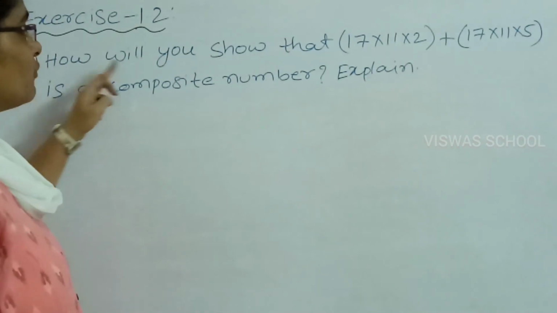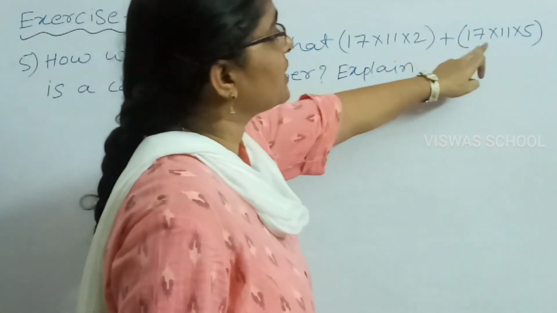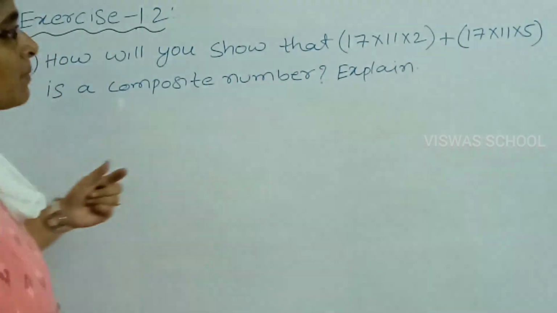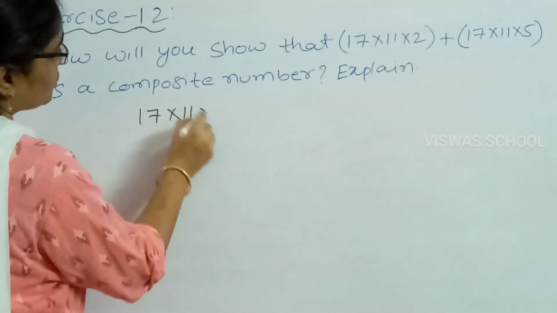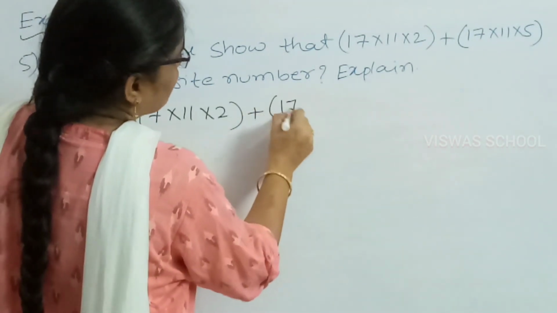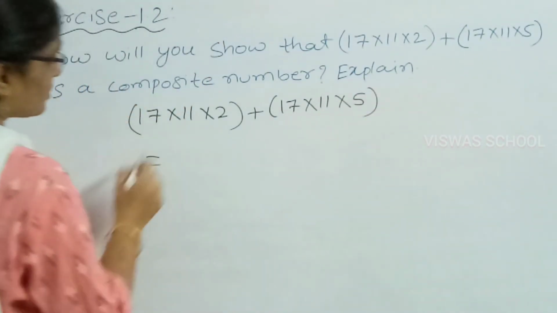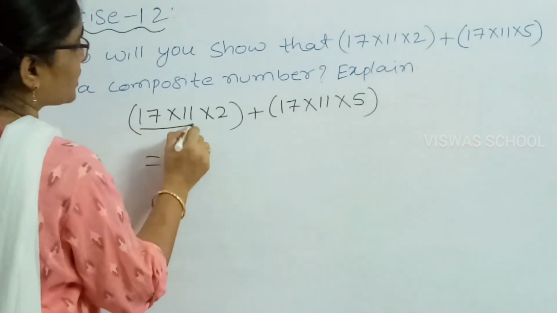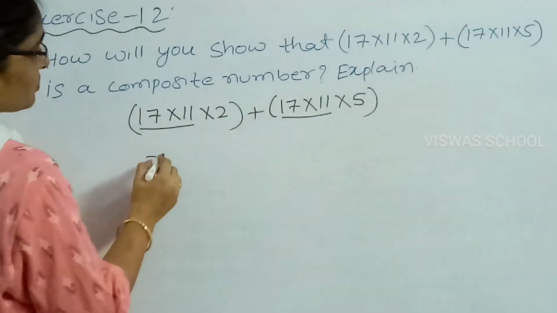Next one is, how will you show that 17 into 11 into 2 plus 17 into 11 into 5 is a composite number? Explain. Let us see. 17 into 11 into 2 plus 17 into 11 into 5. Once you observe these two, in these two 17 into 11 is common.